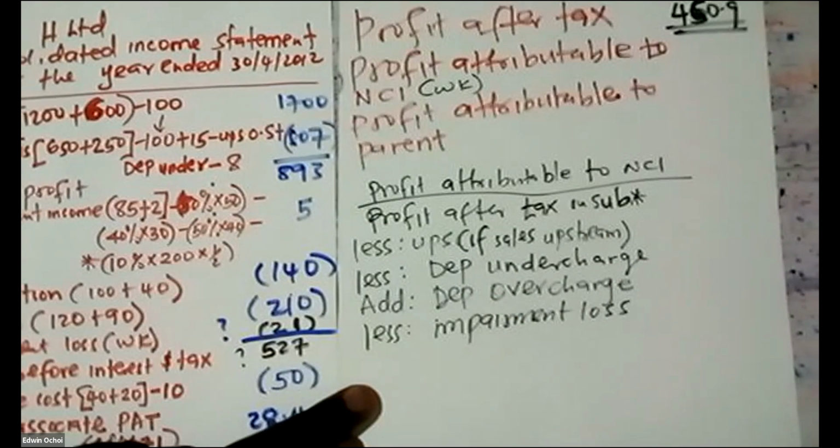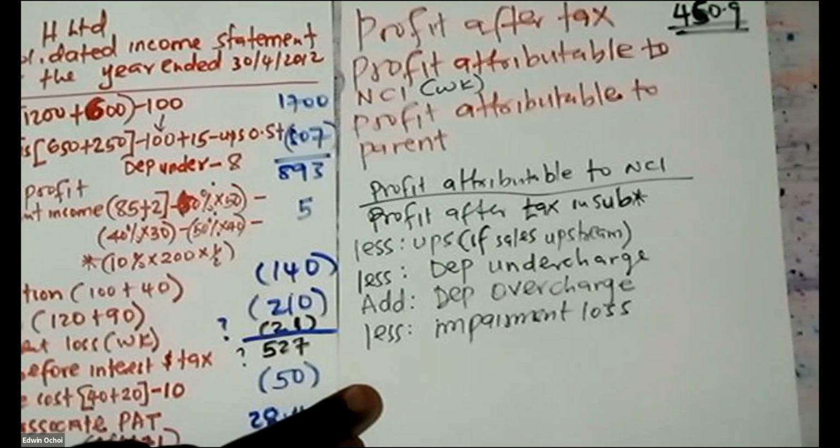So when you are adjusting the profit after tax in subsidiary, I'm raising UPS, and here is profit on stock if sales upstream. Because if the subsidiary is the one who sold goods to the parent, then that parent never resold all the goods he received from this subsidiary. It means that the profit of the subsidiary is overstated by what the parent never realized. So we raise.